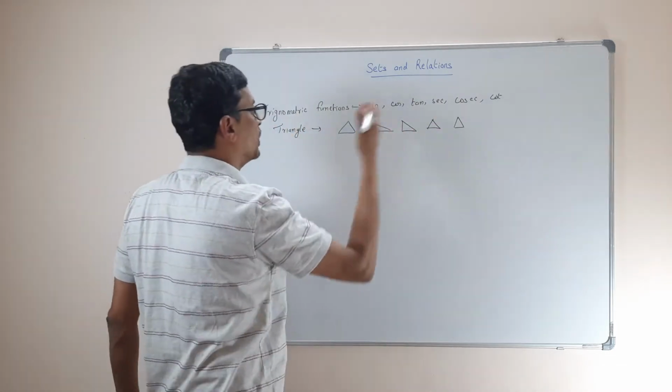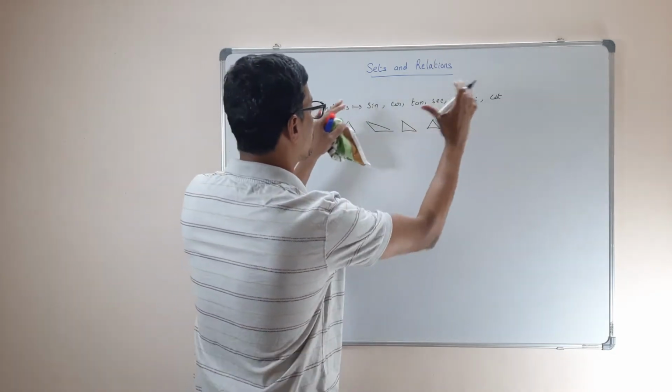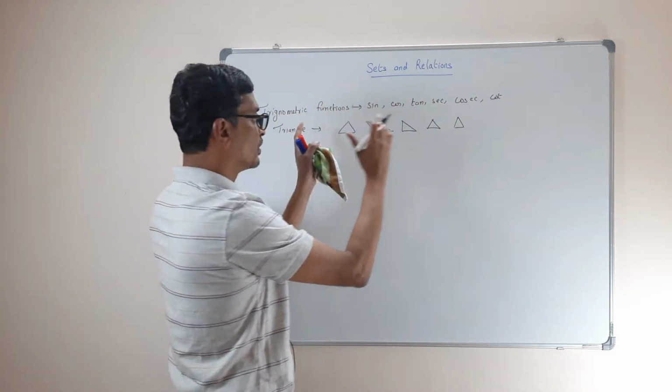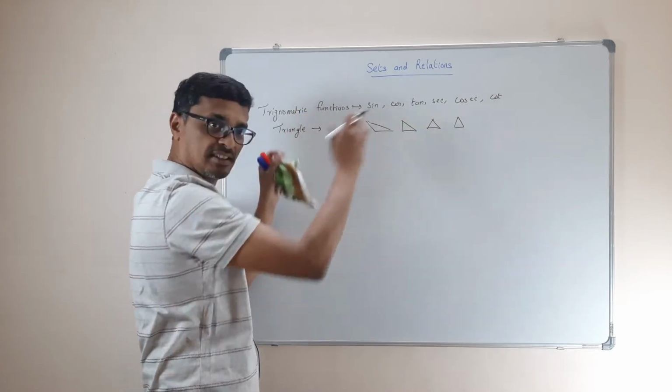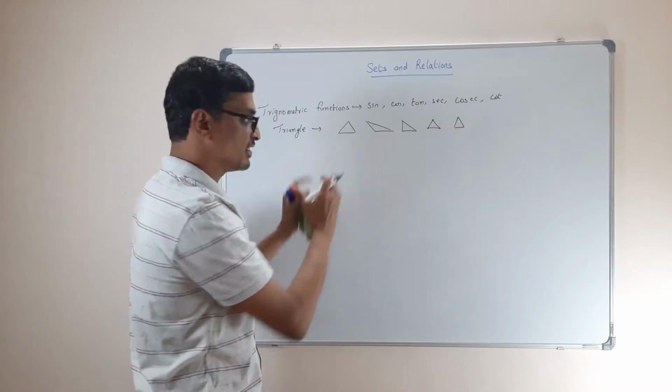You can write a symbol or a name also. What you see actually forms a group. Some group of functions we call trigonometric functions. Some group of triangles we call triangles. So when we say triangle, it's a group of objects.